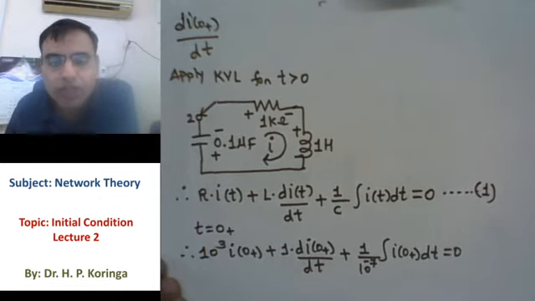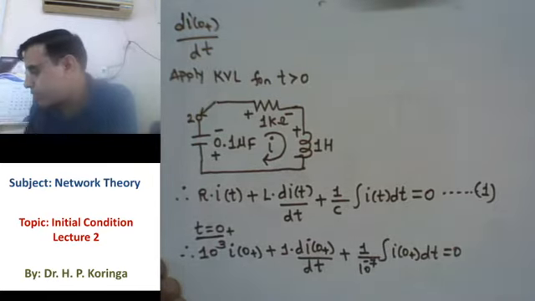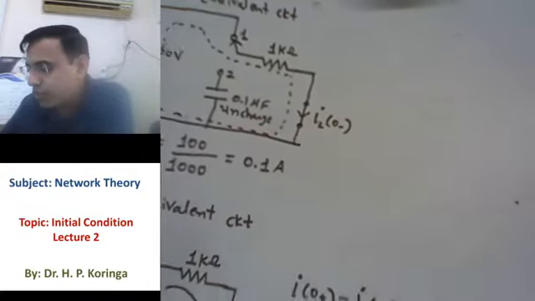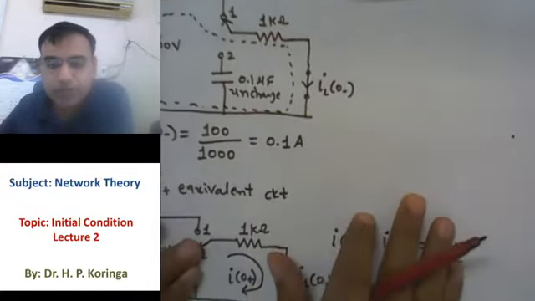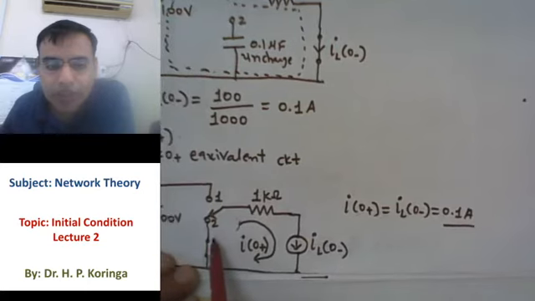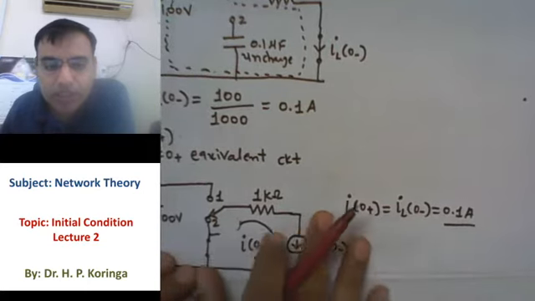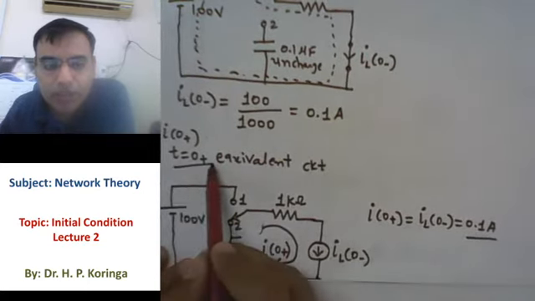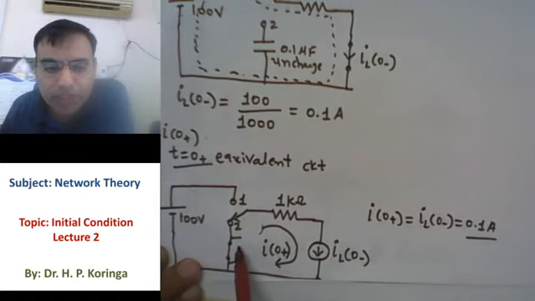Now we know t = 0+. So let me see the circuit at t = 0+ time. This is the equivalent circuit at t = 0+. Voltage across capacitor at t = 0+ time is 0 volt, right?